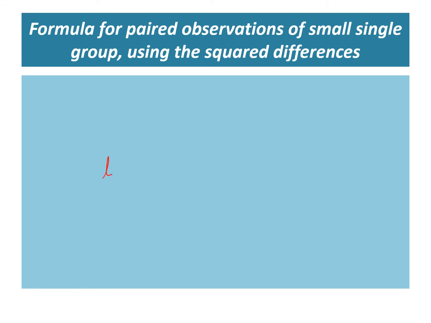You need to write t equals summation D divided by root n summation D squared minus summation D whole square, divided by n minus 1. This is very simple to remember. If you practice a few times, I hope you can easily write it out.